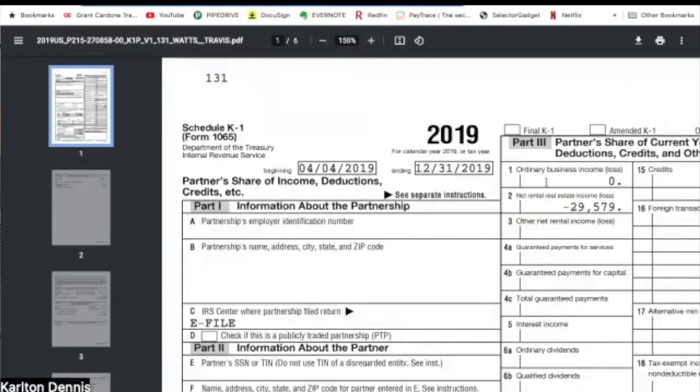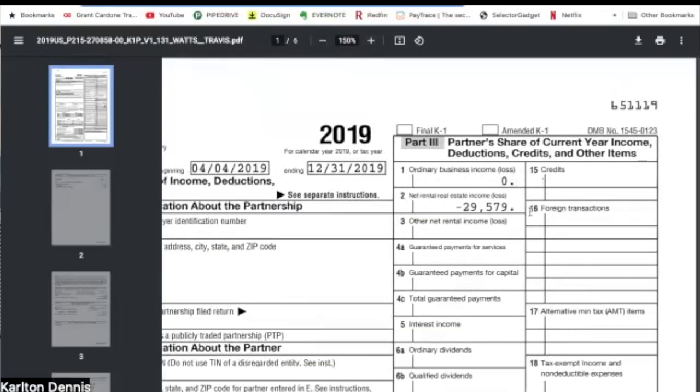It's also present over here on the right side of the page at the top. Let's read what the right side of the page tells us. Part number 3, partners' share of current year income, deductions, credits, and other items. One of the many benefits of investing in real estate is that we get a lot of real estate tax deductions.